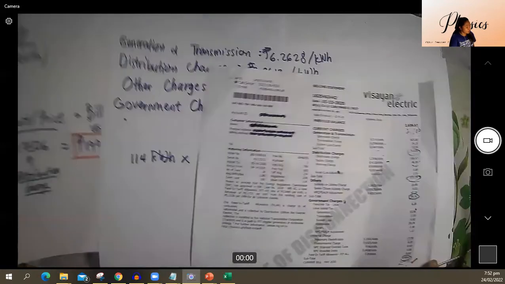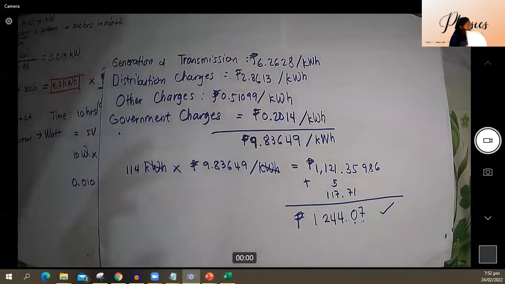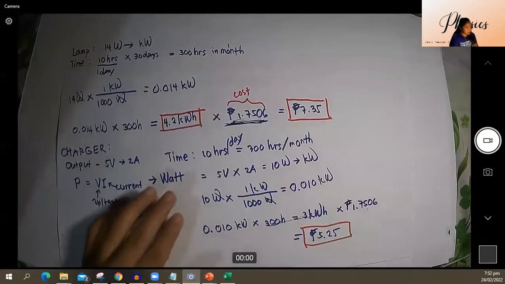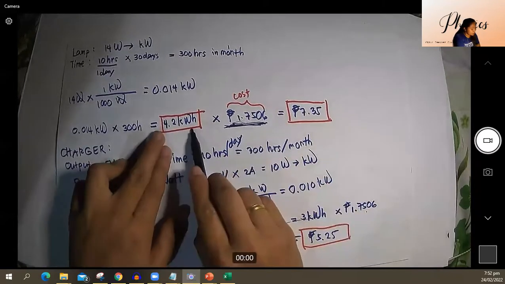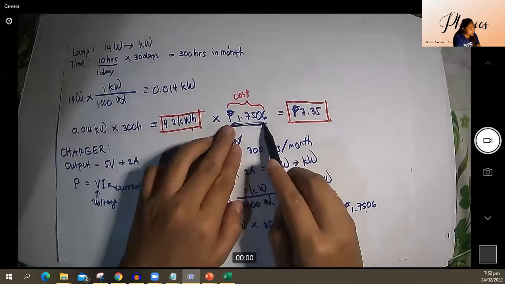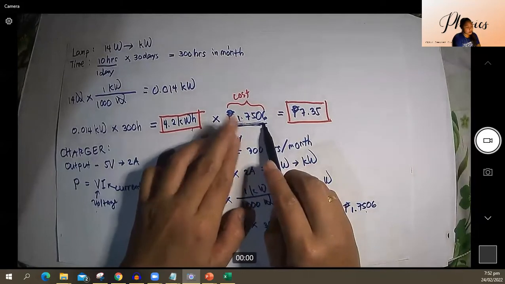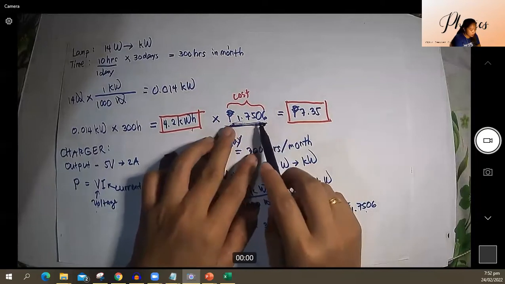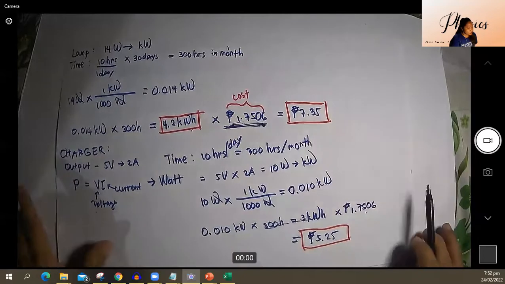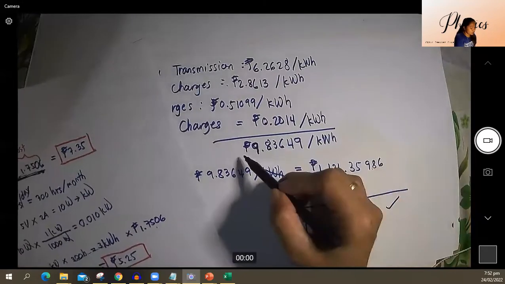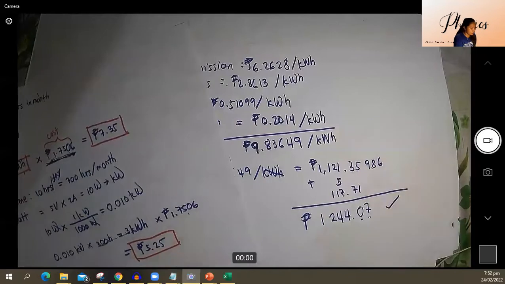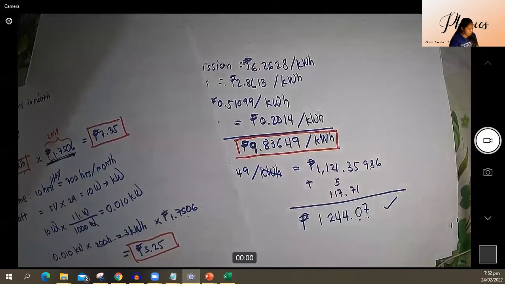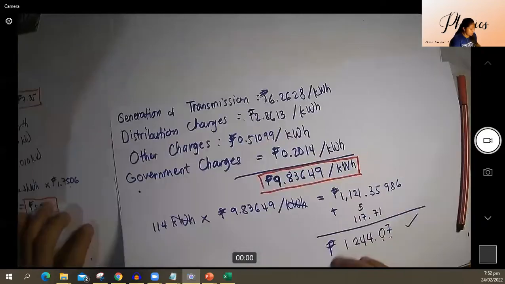Now we will go to calculating our usage using the lamp and the charger. Here we have calculated already the 4.2 kilowatt hour, but instead of using the distribution charge, which is 1.7506 per kilowatt hour, we can now use this information. So we can multiply it by our kilowatt hour in the month. Let's try it.